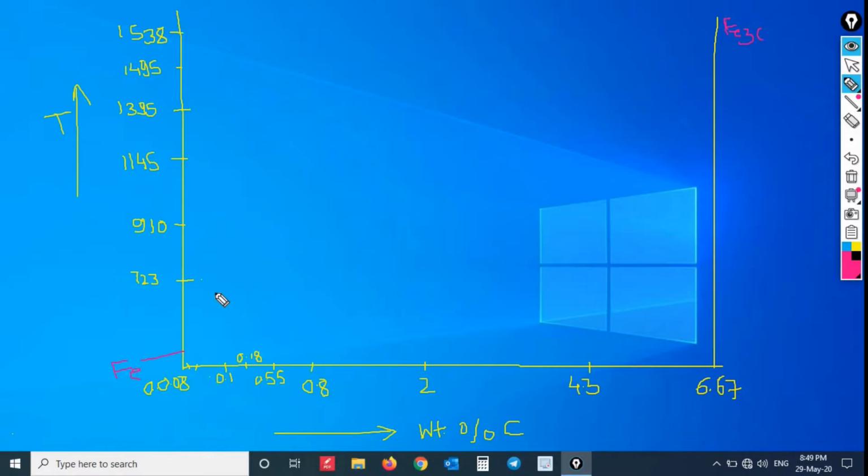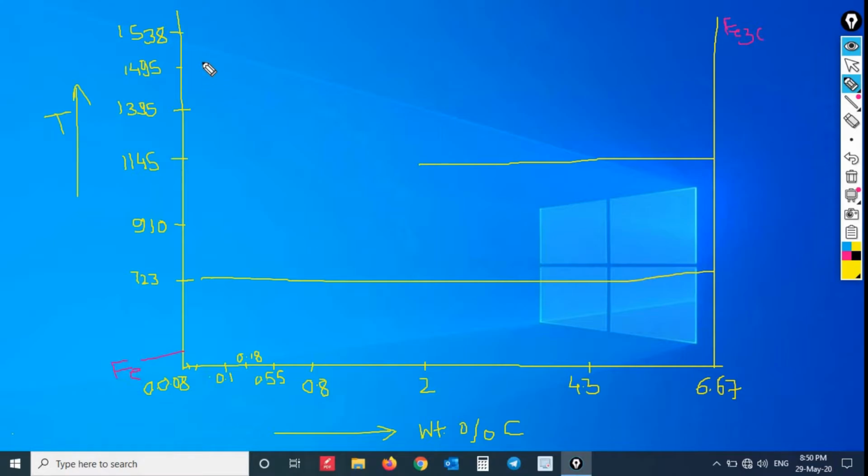So let's start with the iron carbide diagram. First draw the vertical temperature axis. On the x-axis we have carbon percentage. The next step is to draw the horizontal lines. The first starts at 723 degrees Celsius, from the point 0.025 weight percent up to 6.67 percent. The second line we draw at 1145 degrees Celsius, which starts from 2 percent to 6.67 percent of carbon.